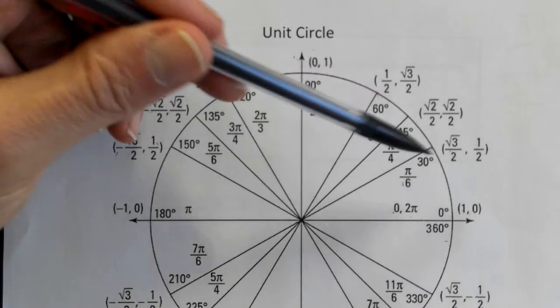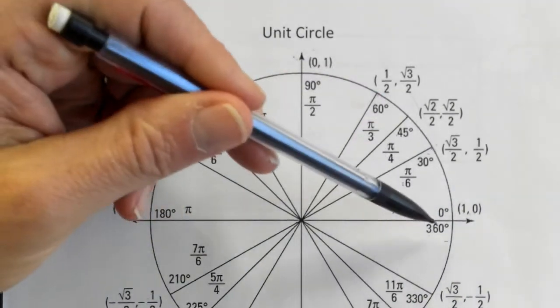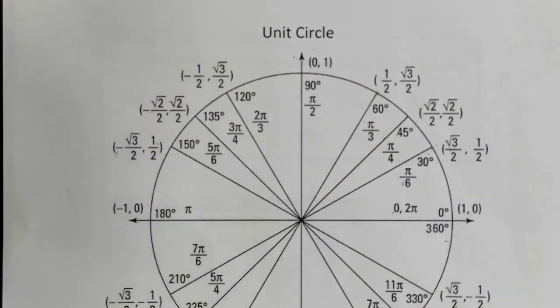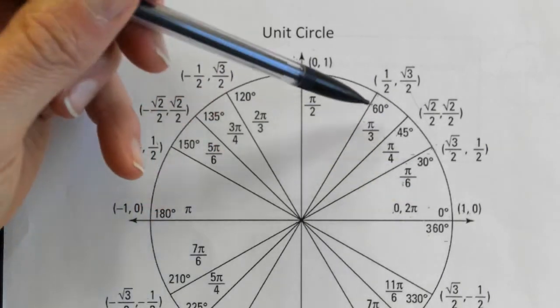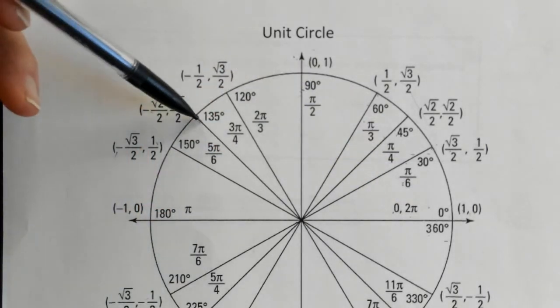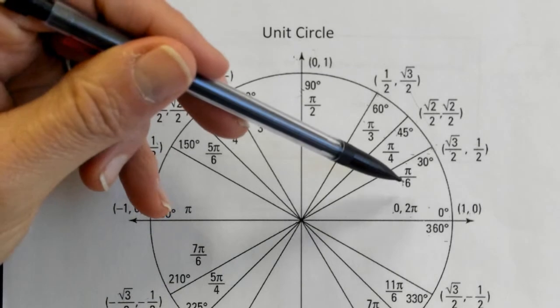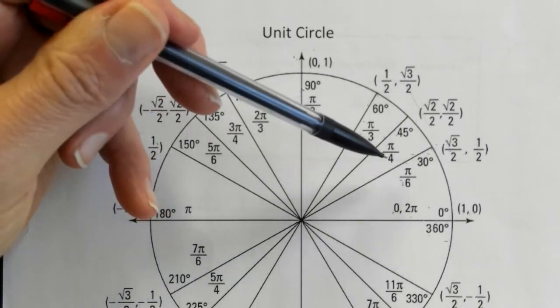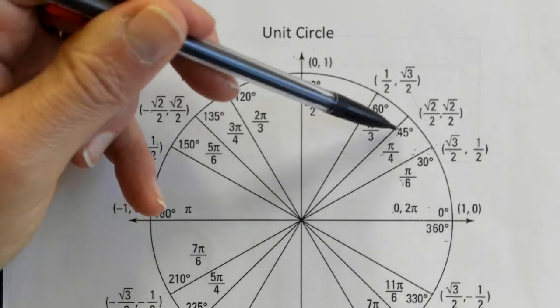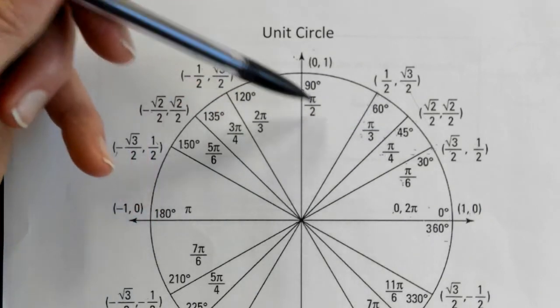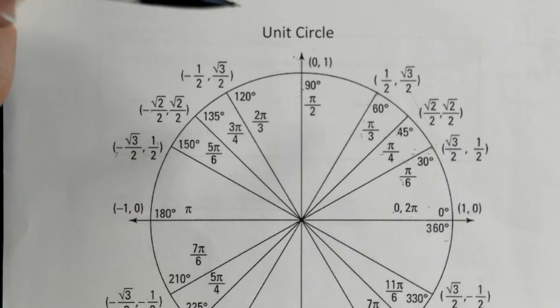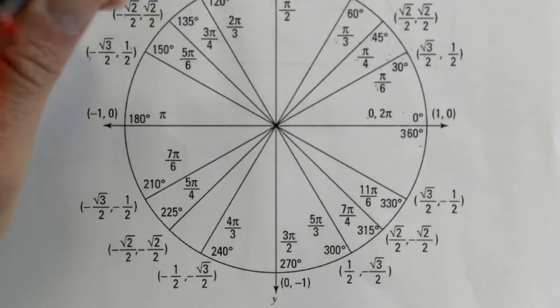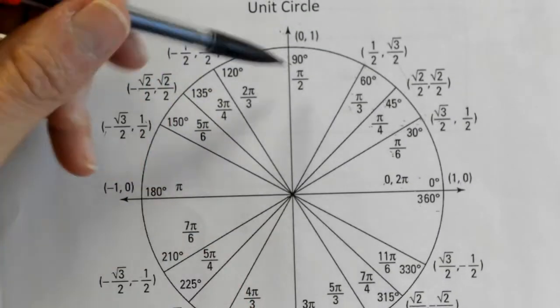The reason these are the points on here is because these are the most common angles that are used: 0, 30, 45, 60, 90, 120, 135, and so on all the way around. And then we have the matching radian measures. Pi over 6 is 30 degrees. Pi over 4 is 45 degrees. Pi over 3 is 60, and so on, all the way around. So this is what the unit circle is, and that's how it's useful for us.